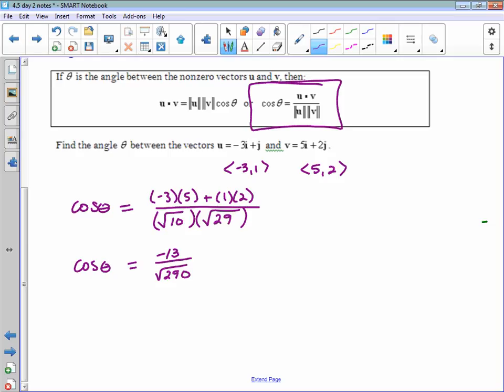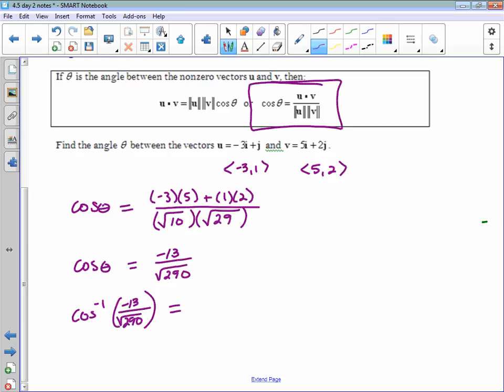Yes, you would get out your calculator. Let's go ahead and be in degrees because your brain is more used to thinking in degrees. And let's just round to the nearest 10. Inverse cosine should never give you a negative because it'll give you an answer between 0 and 180.